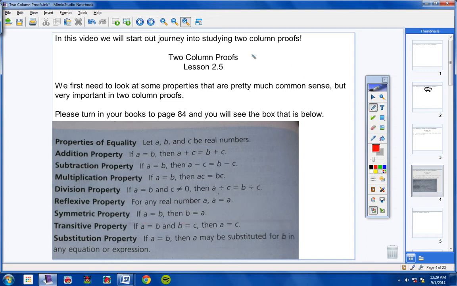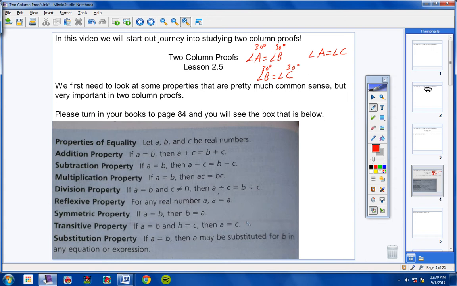If I told you angle A equals angle B, and then I told you angle B equals angle C, well, look, if angle A is 30 degrees and B is 30 degrees, that means that C is going to be 30 degrees. I can definitely state that angle A equals angle C. And that's called the transitive property of equality. If A equals B and B equals C, then A equals C.